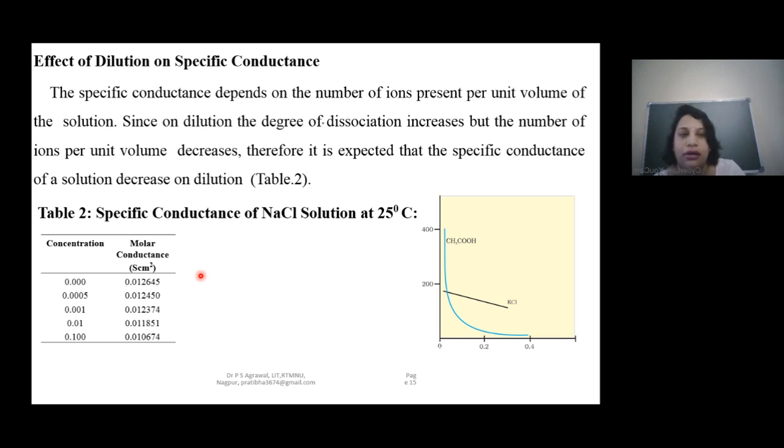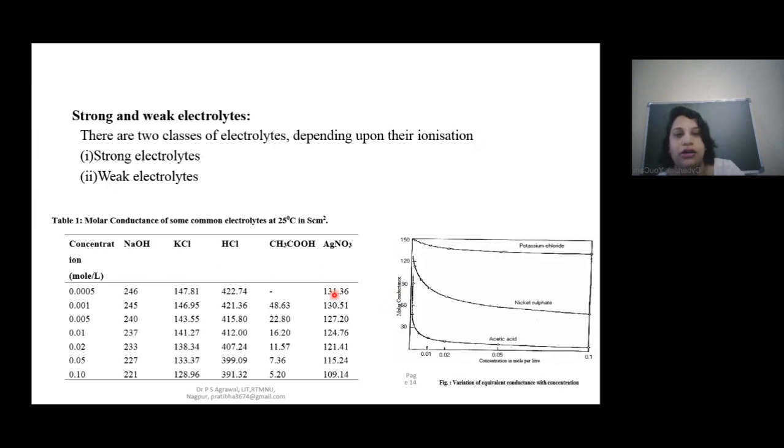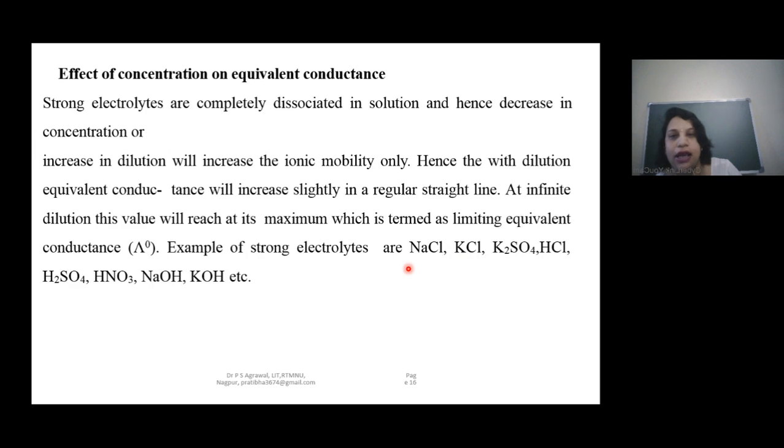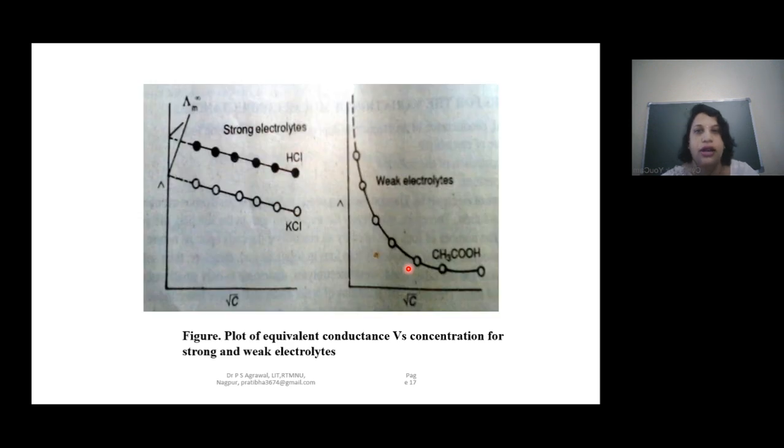Now there are two types of electrolytes, strong and weak electrolytes. So we have to take into consideration the behavior of conductance for strong as well as weak electrolytes. They behave differently. From the graph, it is clear that they behave differently.